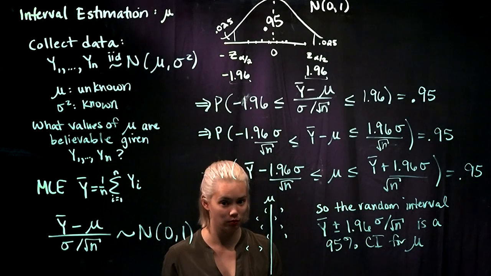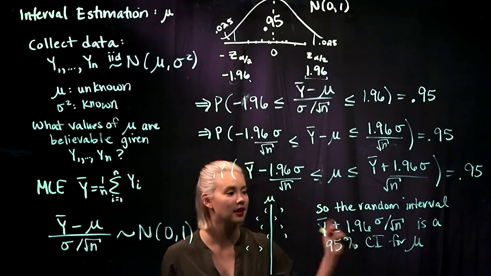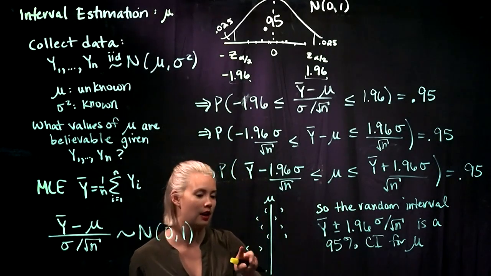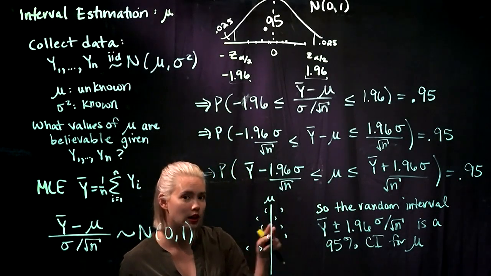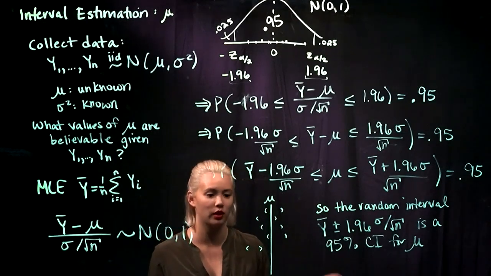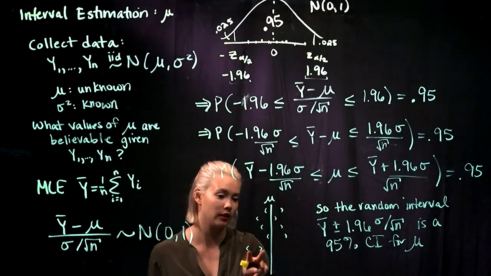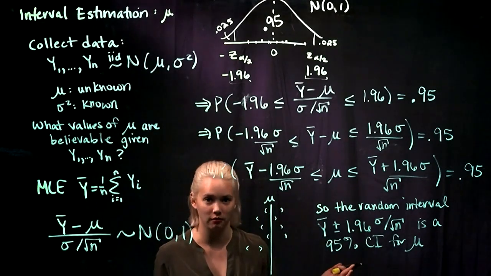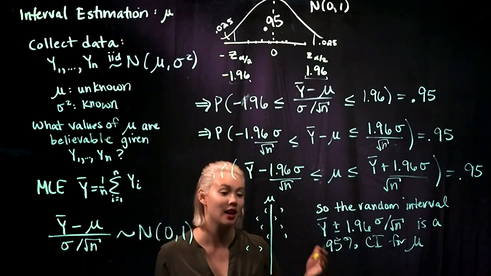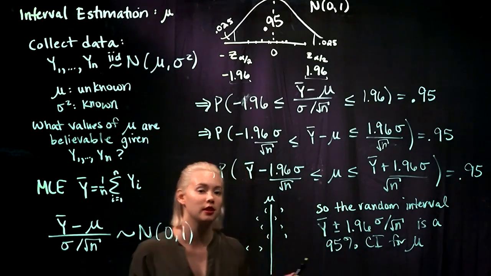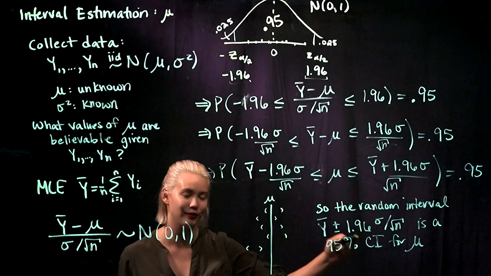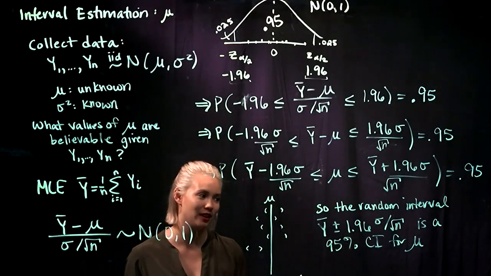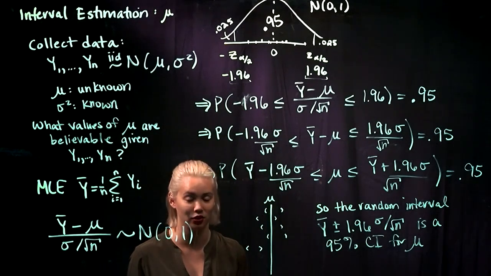Remember what we learned in applied stat classes: 95% of confidence intervals formed in this way will contain mu, and 5% will not. We can never know in practice whether our particular confidence interval contains mu or not. All we can know is that if we do this over and over again, which we probably will because we're statisticians, then 95% of 95% confidence intervals will contain the true mean, and 5% will not contain the true mean.